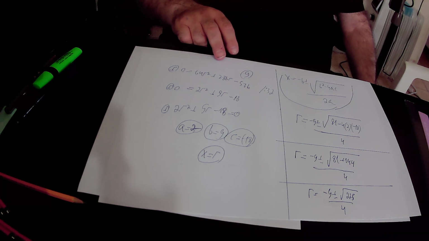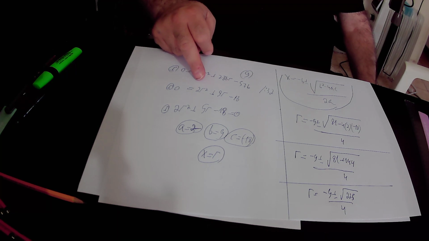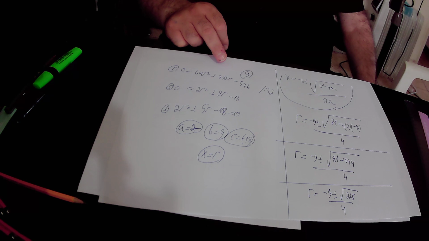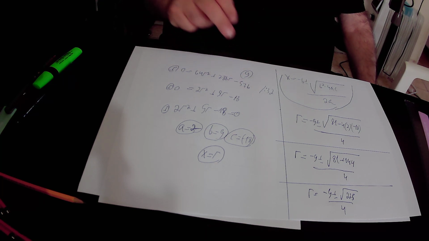We divided this equation by 32, and found out that 64 over 32 is 2, so this expression equals 2r squared. 288r over 32 is 9r, and minus 576 over 32 equals minus 18.